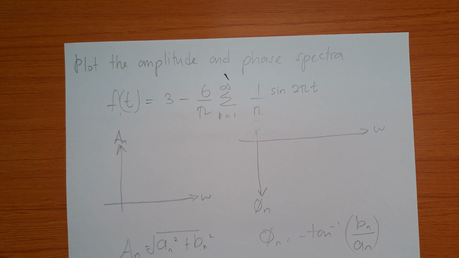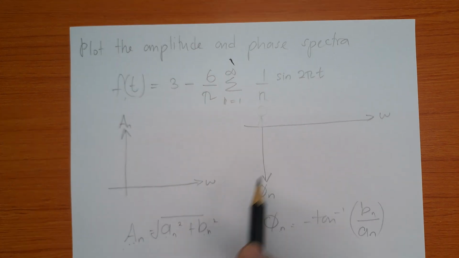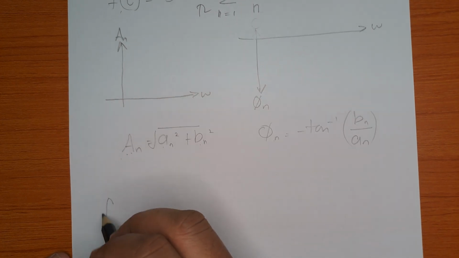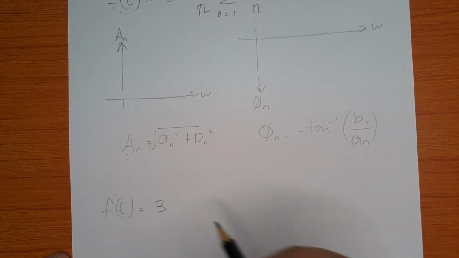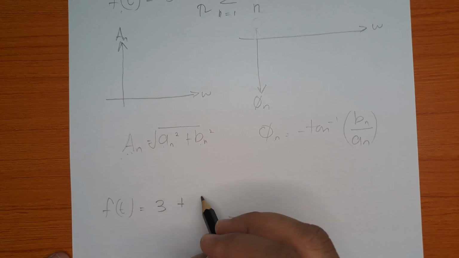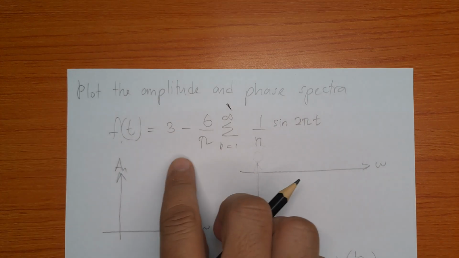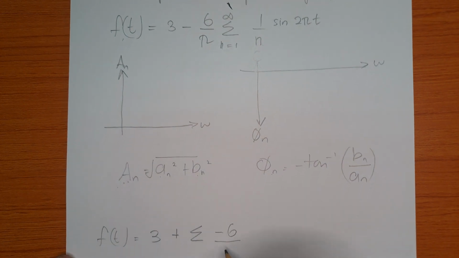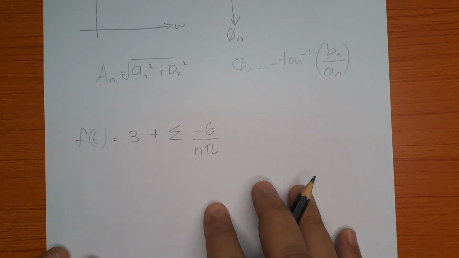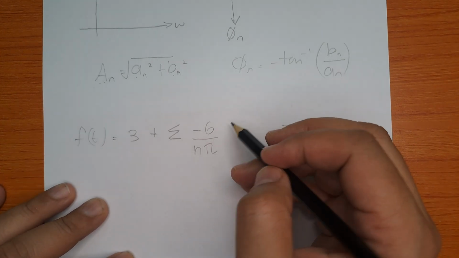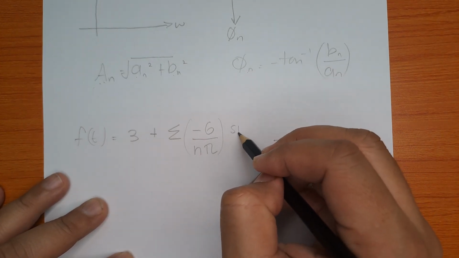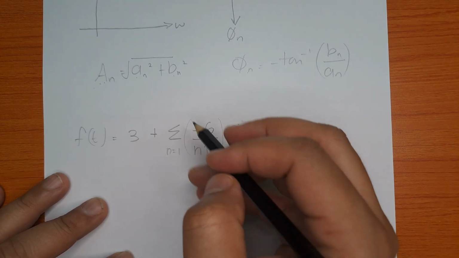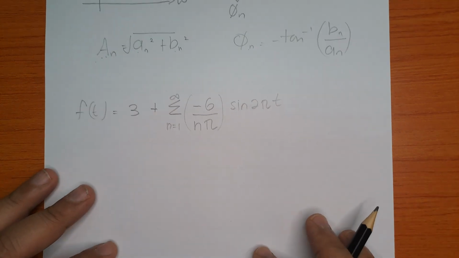So from this function f(t), if we rewrite it, it will look like this, plus summation of minus 6 over n pi sine 2 pi n t, n from 1 to infinity.